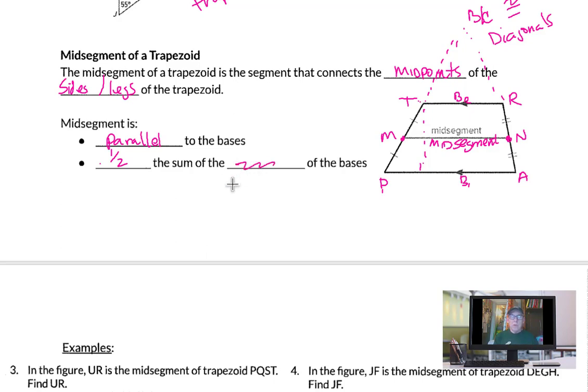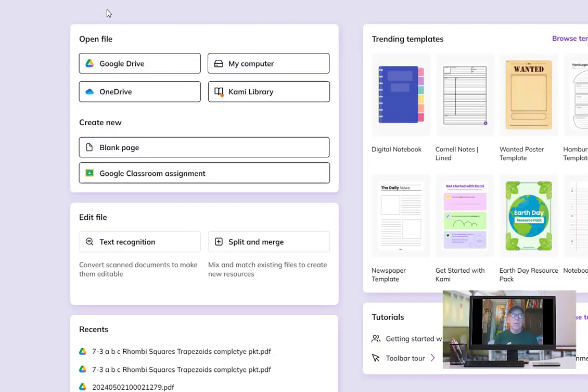So I don't think we really need this, but the formula is base 1 plus base 2, half the sum, divided by 2 is equal to the mid-segment length, which would be equal to MN in this diagram. So b1 plus b2 added together divided by 2 gives us this length. And this is parallel to each one of the bases.